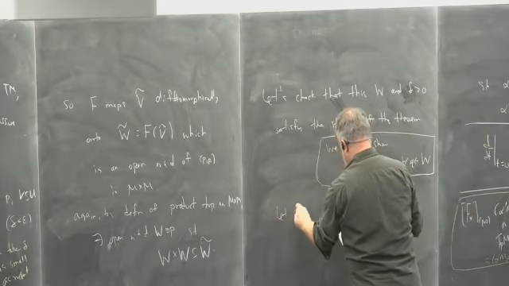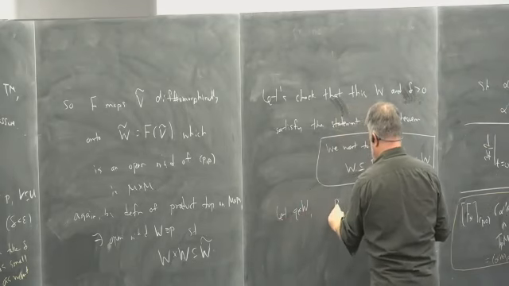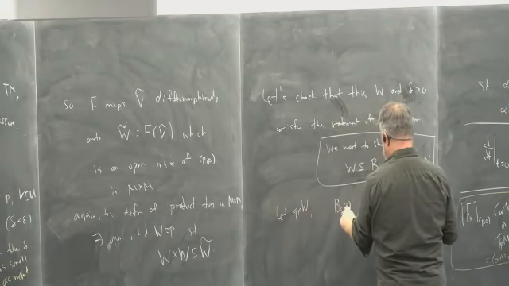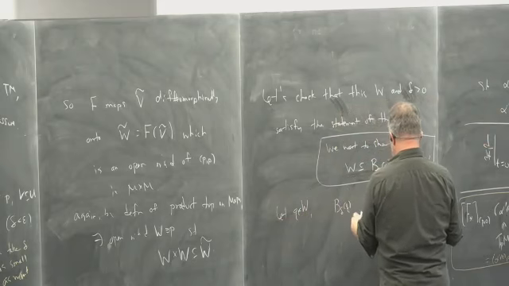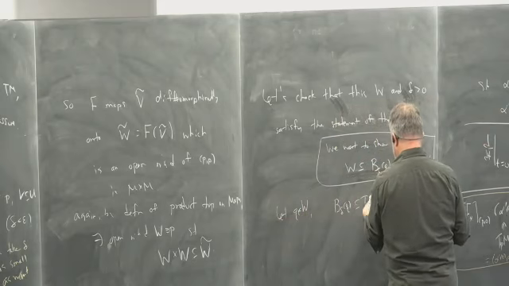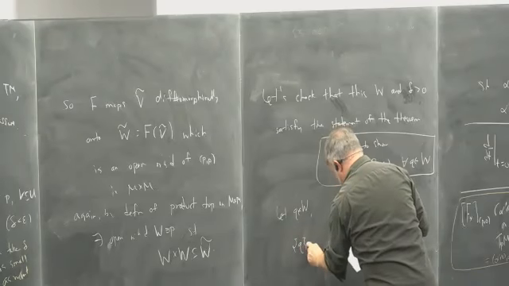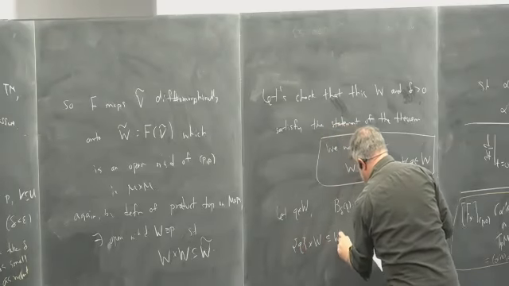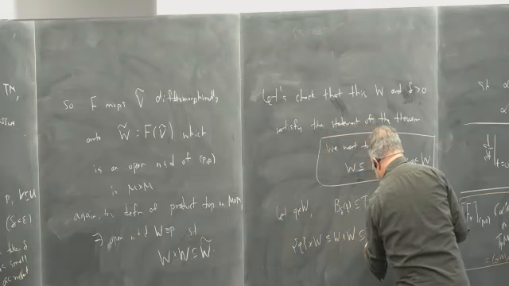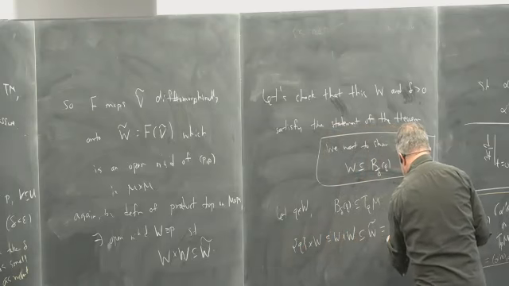Let q be in W. So we know that the ball of radius delta centered at the origin in T_q M is a subset of T_q M. If I look at q times W, this is definitely contained in W times W, and this is contained in w tilde, which is f of v tilde.